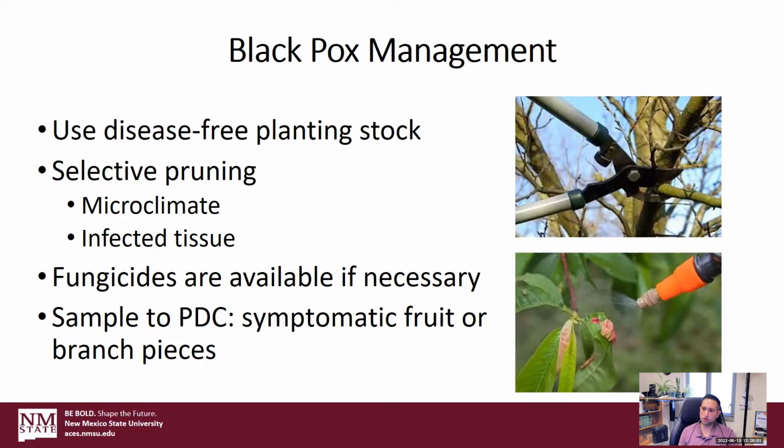Then you want to prune out your infected tissue. If you see those lesions, prune that out, and sterilize your tools as well. There are fungicides available if necessary, usually not very necessary. Again, we don't see this very often. If you do see it, send some symptomatic fruit or branch pieces to us and we can identify it.